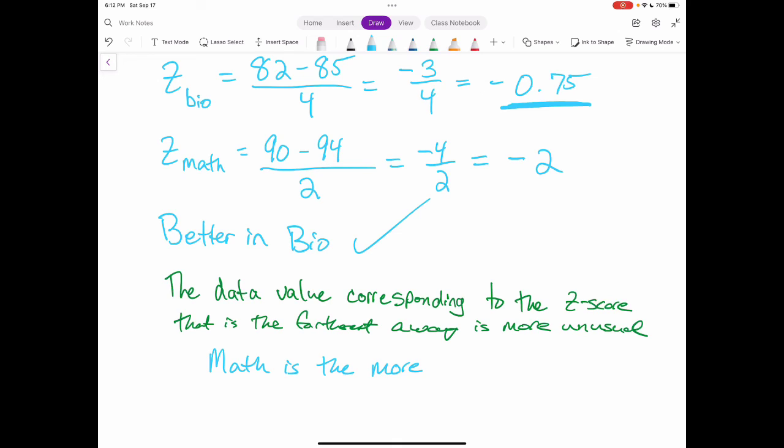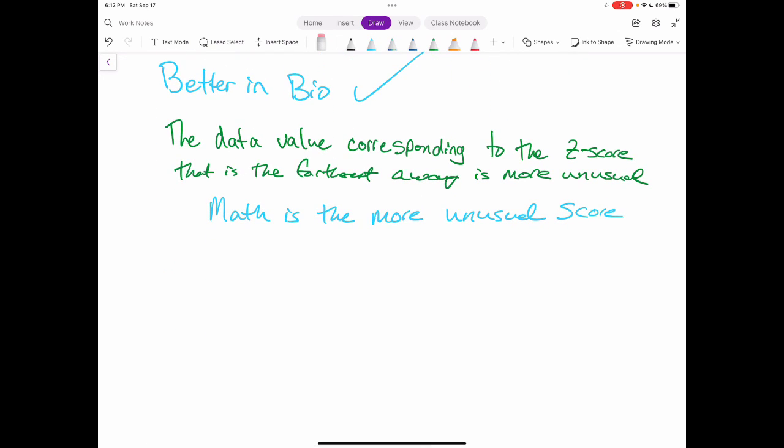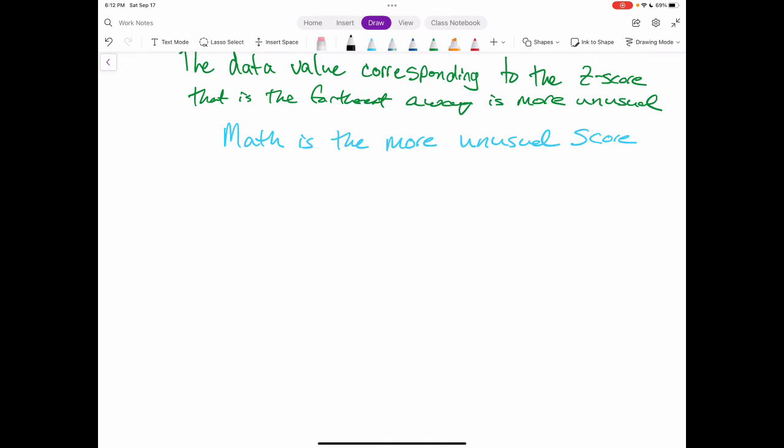Okay, once again, that's because its z-score is further away from the mean, which is 0, the z-score of 0, right? Just really quickly, just to piggyback off of this, let's say we had 2 z-scores. I want to make sure we're clear that the sign doesn't matter when we talk about more unusual. Once again, let's say we're talking about exam scores. Okay.